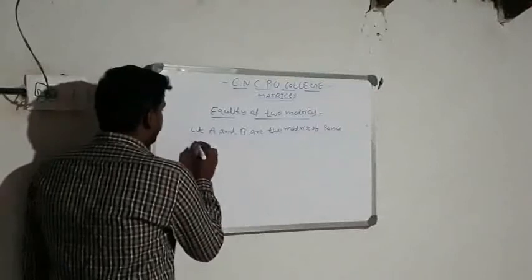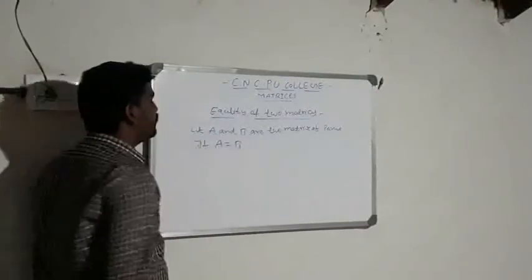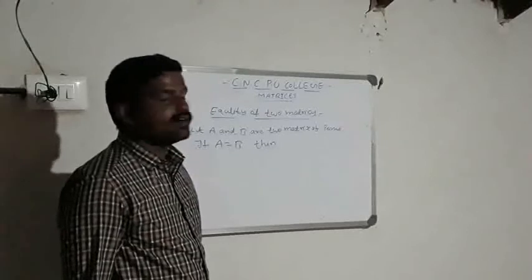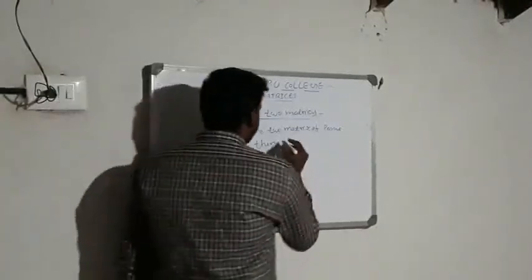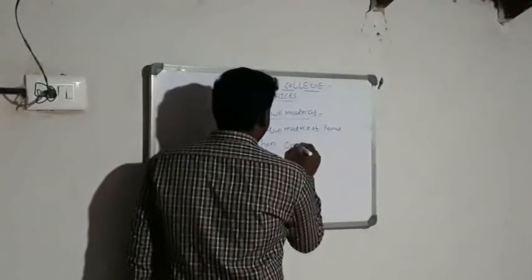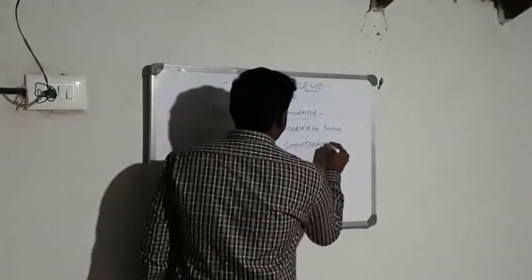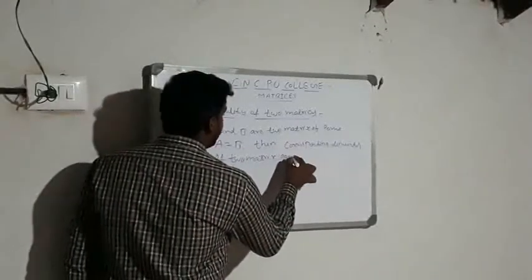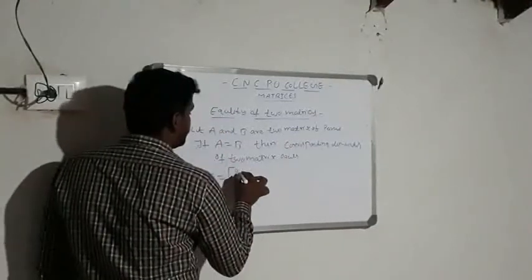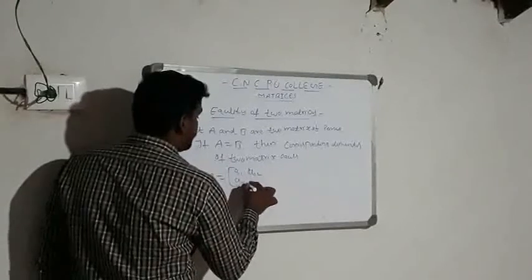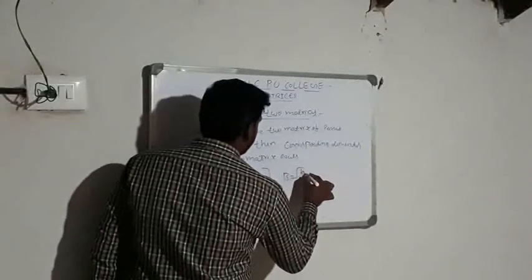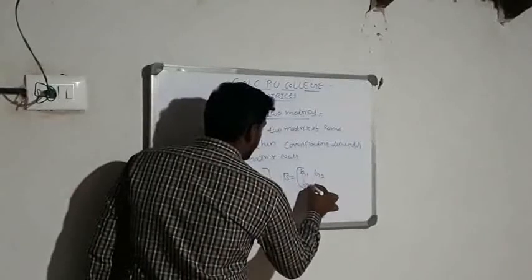Then if matrix A is equal to B, then the corresponding elements of matrix A are equal to the corresponding elements of matrix B. Suppose matrix A is A11, A12, A21, A22 and matrix B is B11, B12, B21, B22.